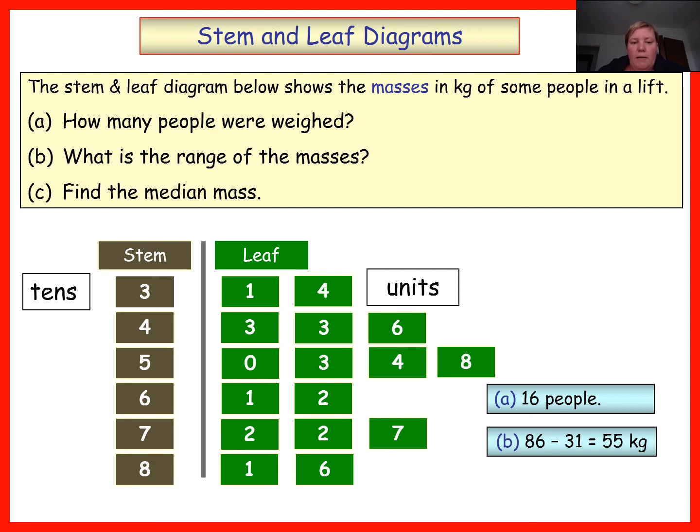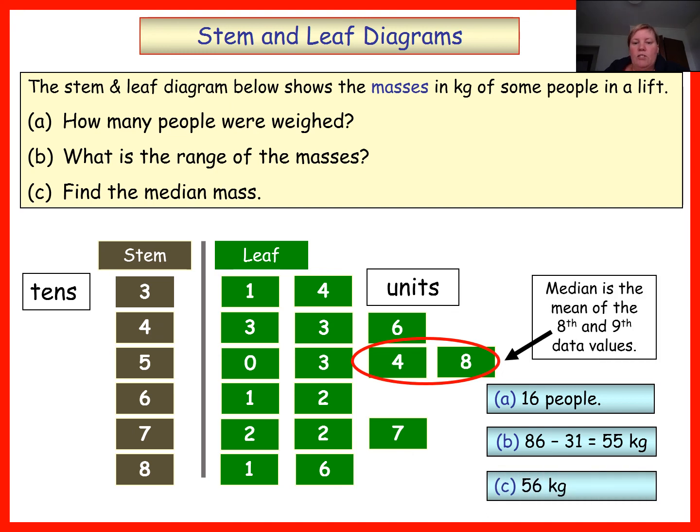Here we go. 1, 2, 3, 4, 5, 6, 7. Here are the 8th and 9th numbers, all right? So we're going to have to average those. The 8th and 9th numbers aren't 4 and 8. They're actually 54 and 58. There they are. And so if I take the middle of those, it's 56 kilograms. You all sorted? Good.